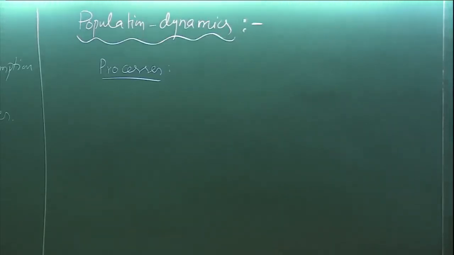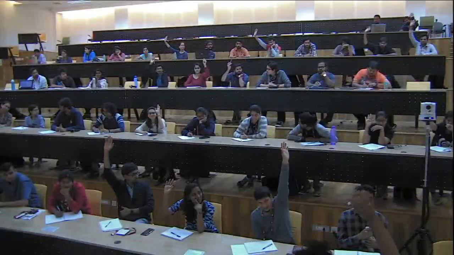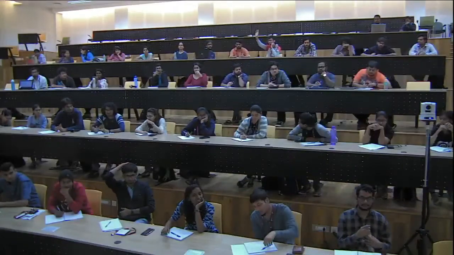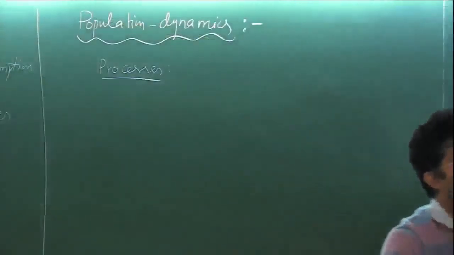Let me ask the inverse question. How many of you have never seen a population model? Around half of you, right? Okay, so it's good that I go at a pace that's accessible to those who have not done this.